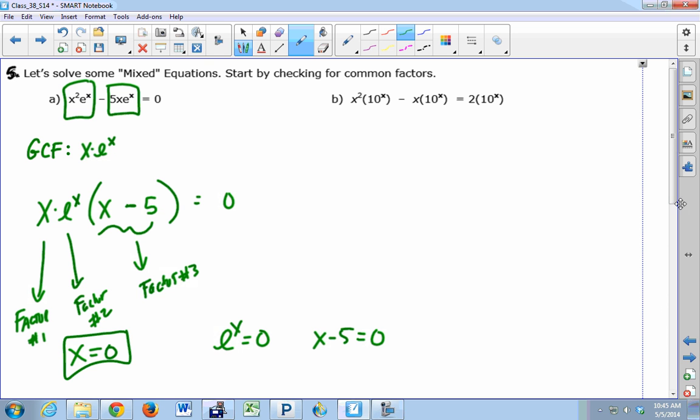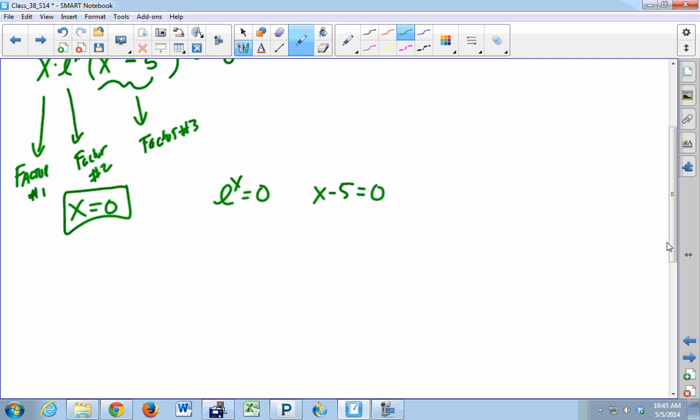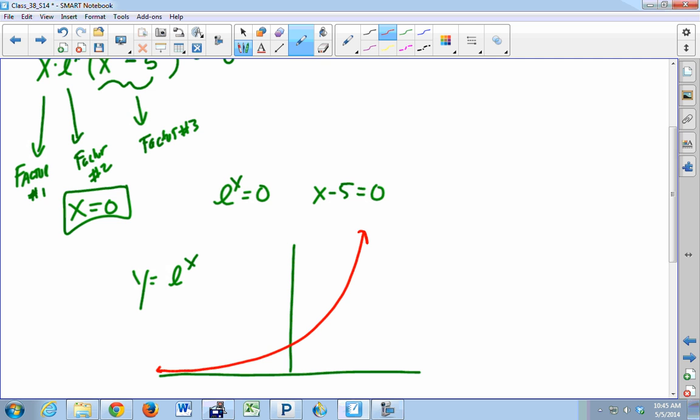Now your next one says, what value of x is going to make e to the x equal to 0? Well, let's take a look at the graph of the function y equals e to the x. So here's our exponential function, e to the x. It goes through 0, 1, and when x is 1, our value is e. So when is that going to equal 0?